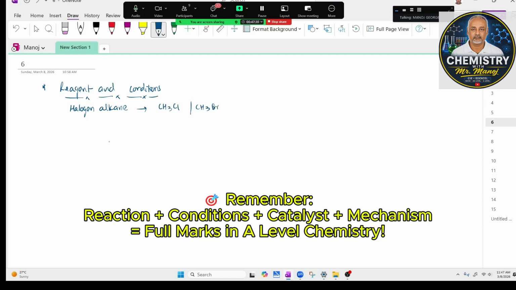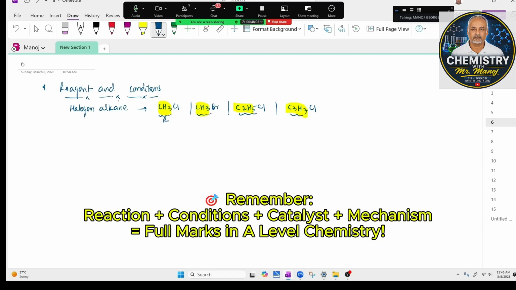If I want to put Cl, I'll use CH3Cl, but I can use any halogen alkane, because my main intention is to put this R group. I can work with C2H5Cl. I want to put this group on the benzene ring. Or C3H7Cl. I want to put this group on the benzene ring. So these are my halogen alkanes. Focus on the R group.